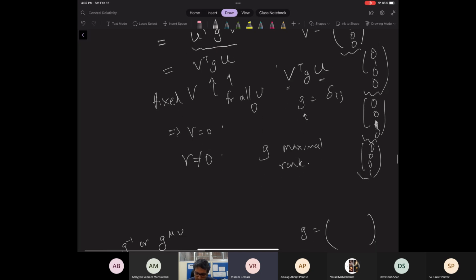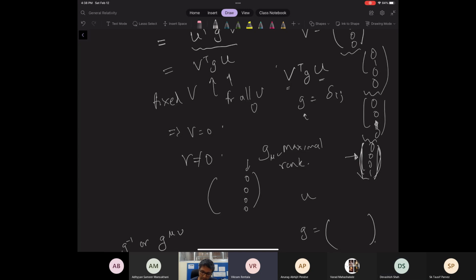That is, this matrix G mu nu has maximal rank because, for example, suppose I take this particular V, and I want to say that with all vectors U, it has 0 dot product. That would happen if all these entries were 0.